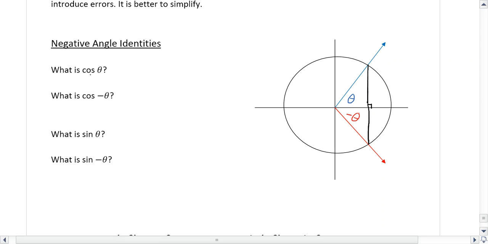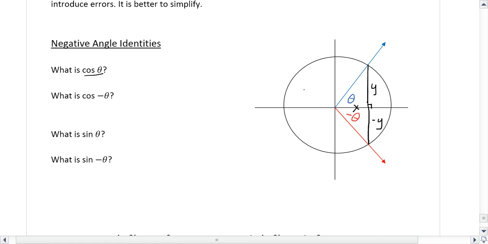And now the question we're asked is, what is the cosine of theta? Well, this side is just x. We don't know what it is. Coming up this side is y. And since these angles are equal, this side would be x again, and coming down here would be negative y. So let's use those as we answer these questions.